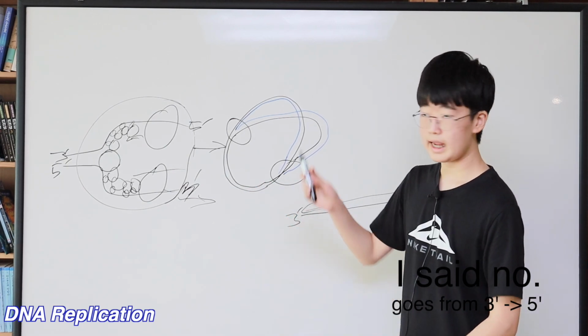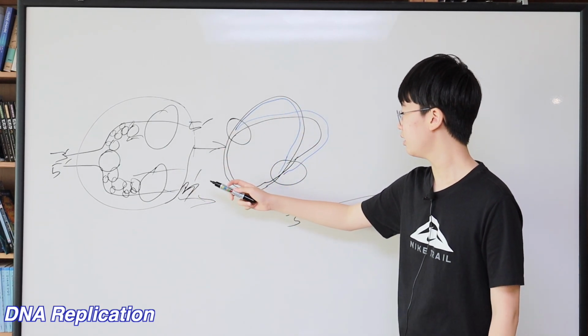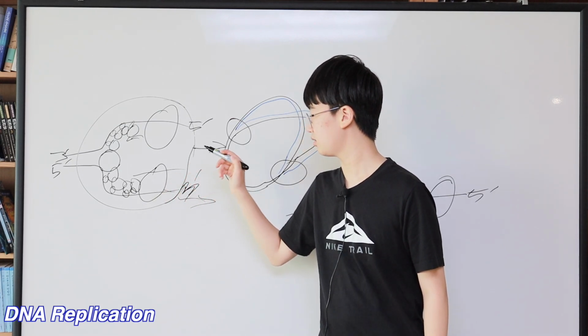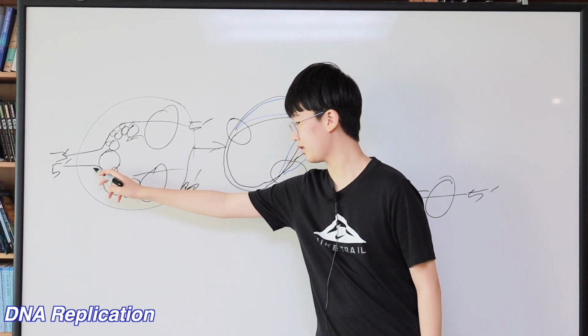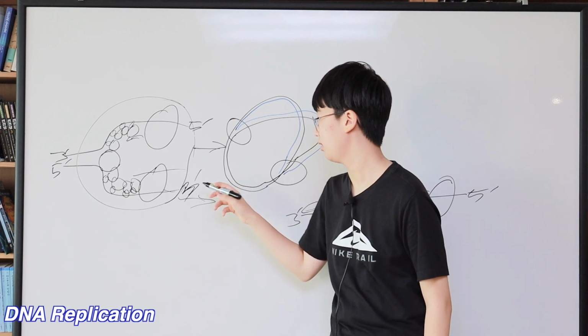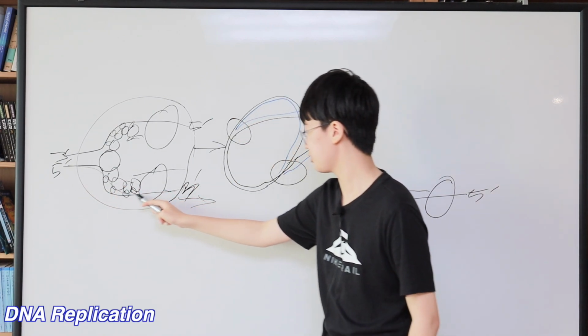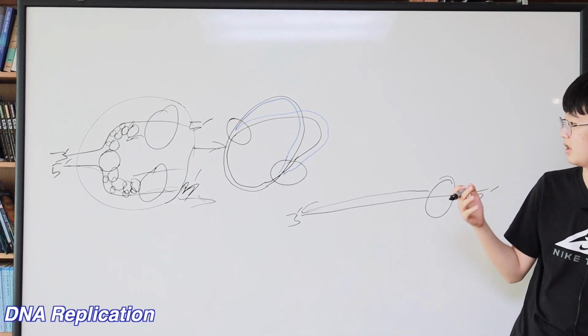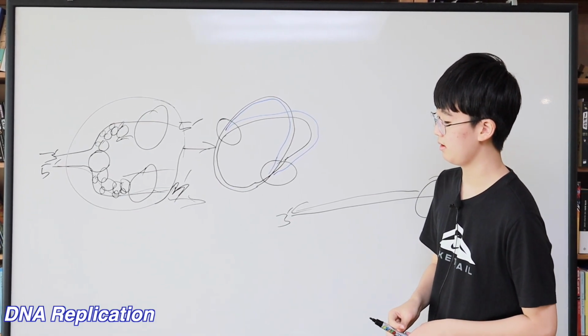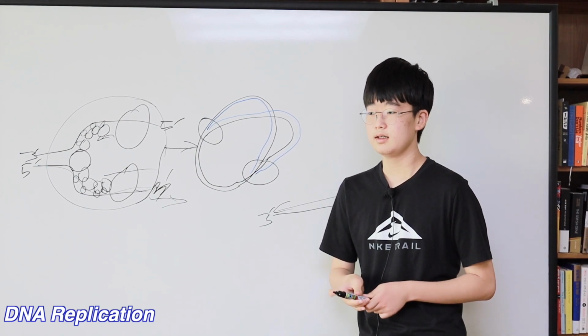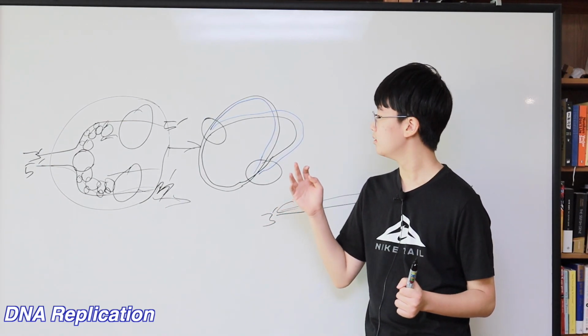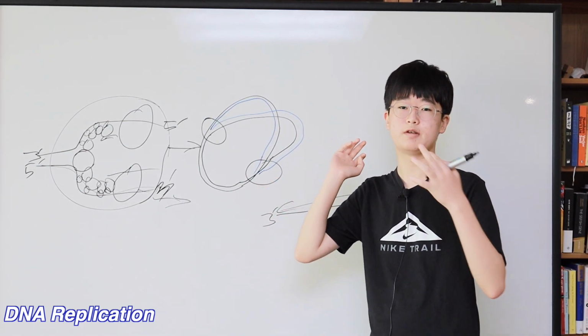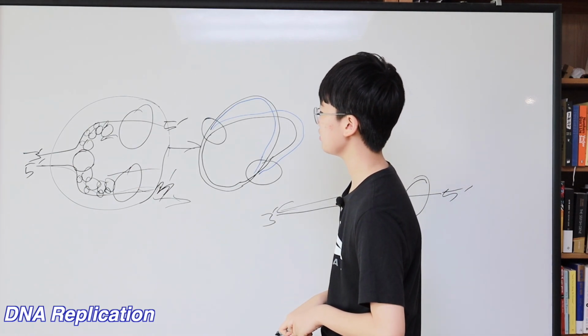So how does DNA polymerase do its job on this strand? How does it do it? Because it does not make any intuitive sense, but there is a kind of a genius solution to it.